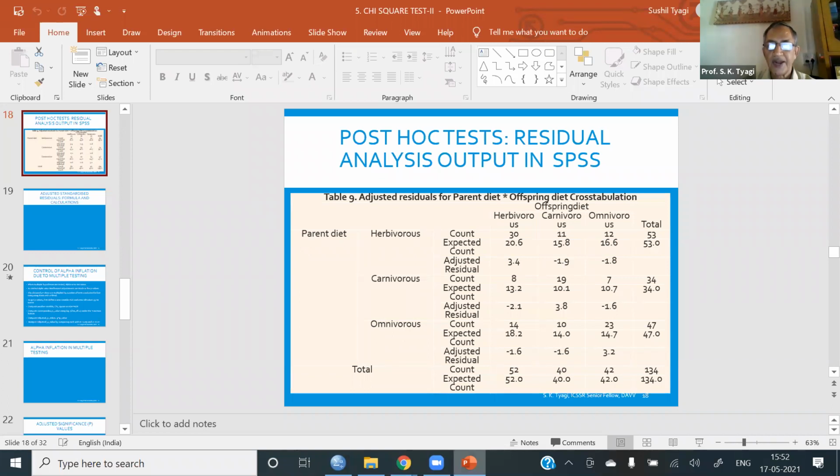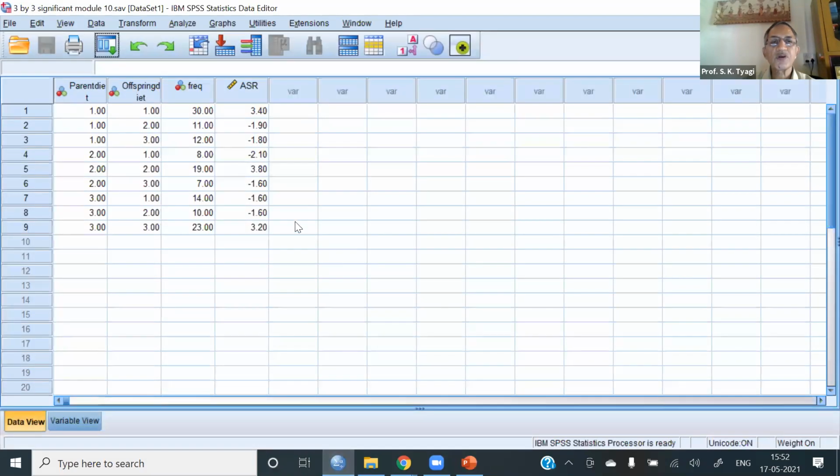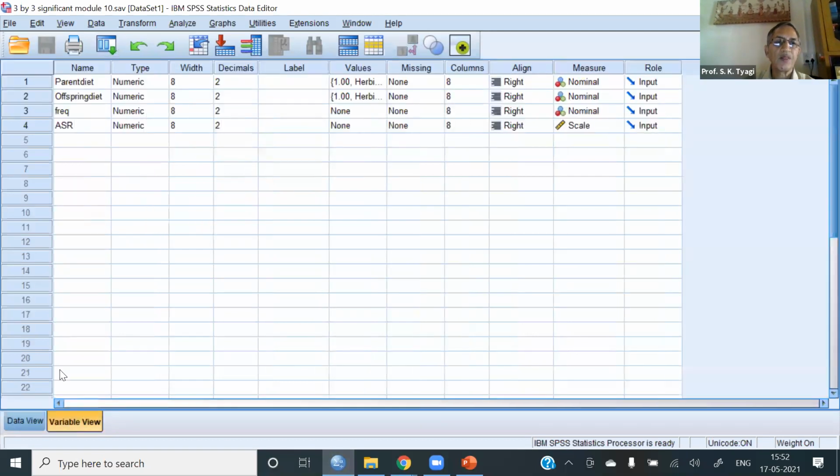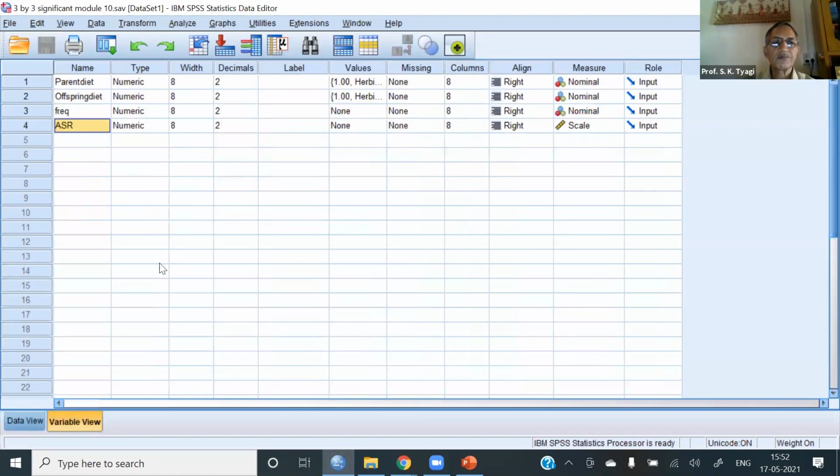Okay. And come to this place. So I entered these as variables, and this is a new variable introduced, ASR. I write ASR, okay, and then enter the data. Suppose I write adjusted residual.